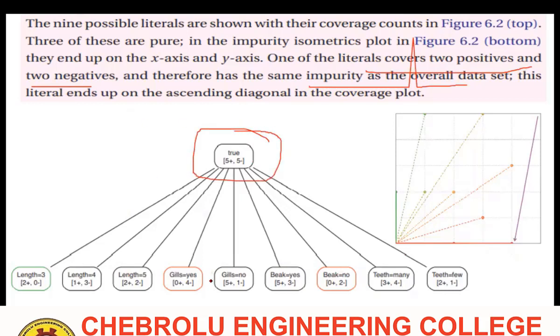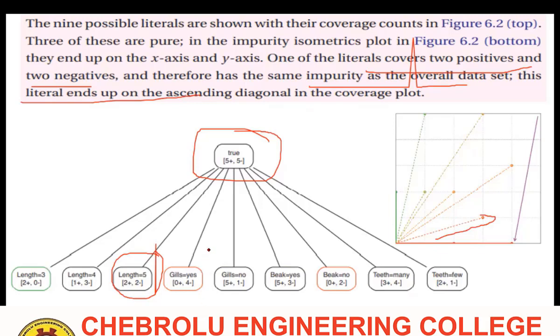Length is equal to 5 if you see 2 plus and 2 minus, and therefore it has the same impurity as that of the root. So this literal ends up on the ascending diagonal of the coverage plot.